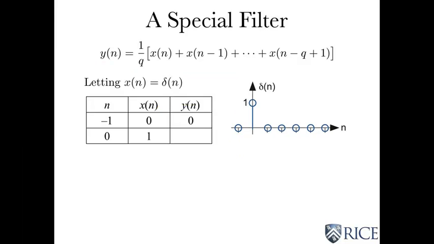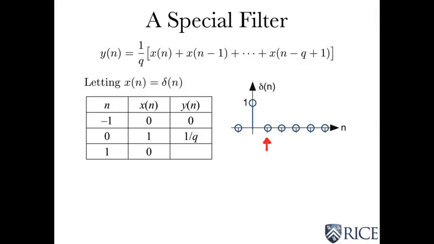Well, if we now encompass that unit sample, we look here, we go back q terms, add them all up, divide by q. Well, it's pretty clear that you get 1 over q. And if you go to time 2, we're now right here.